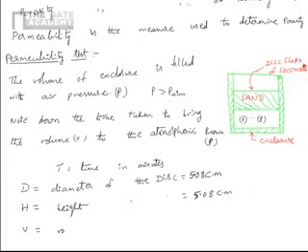V equal to volume of air below this material, 200 centimeter cube. Air is pressurized air. P equal to pressure.